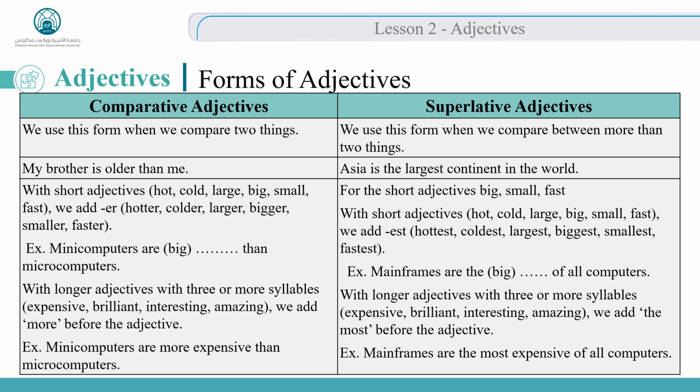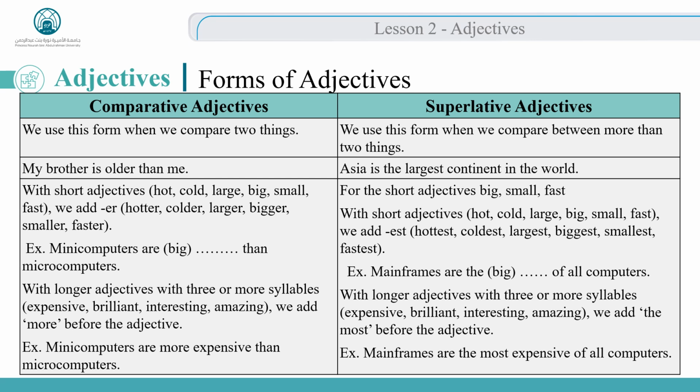So here, to recap, with comparative adjectives, when they are short, we add "er" to the adjective: hotter, colder, larger, bigger. With superlative adjectives, when they are short, we add "est": hottest, coldest, largest, biggest.